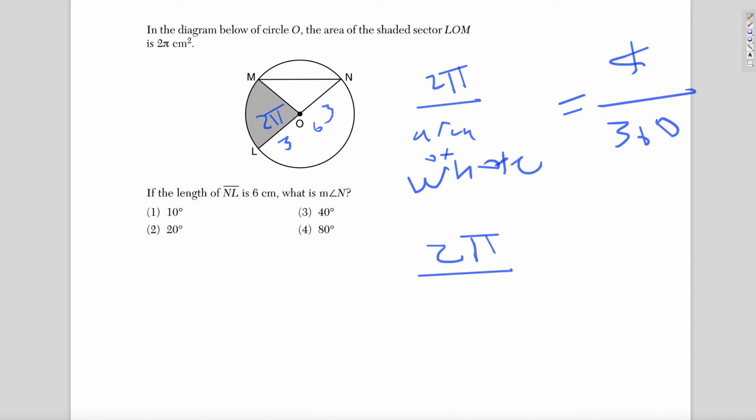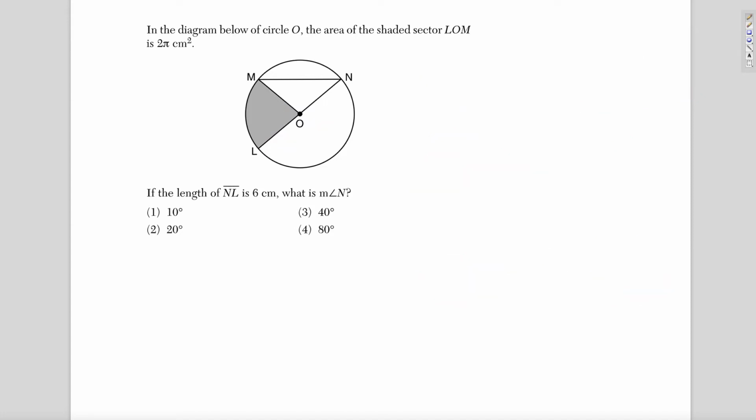So 2 pi over 9 pi equals x over 360. Okay, so you just got to cross multiply and solve that out. All right, that's area of the piece is in proportion to area of the whole thing in the same proportion that the angle is into 360, which makes sense. Okay, so that's that.